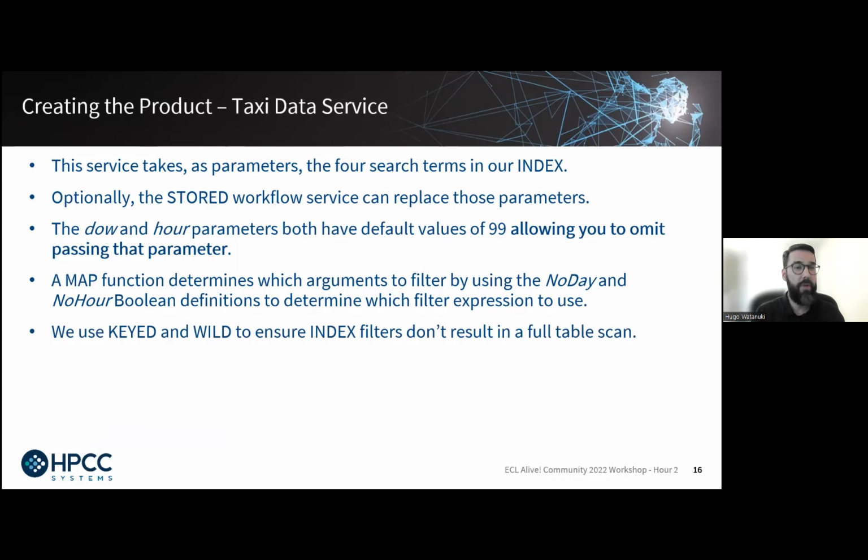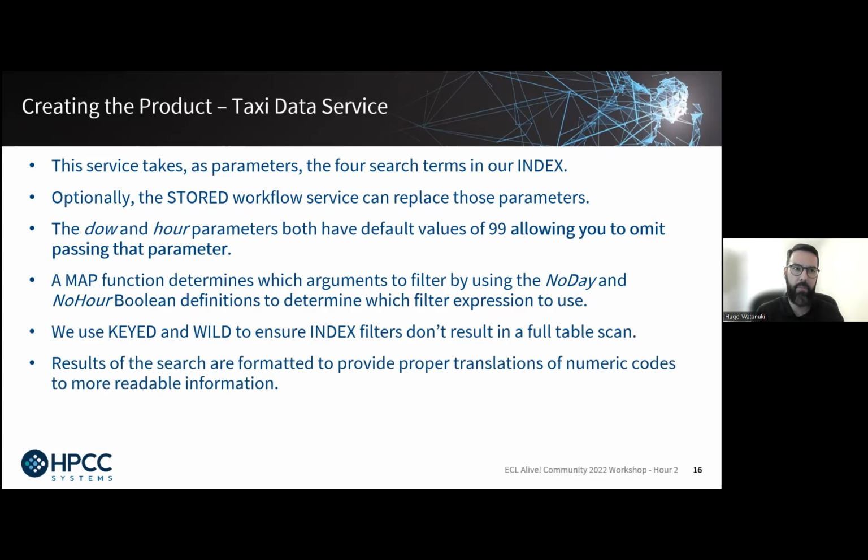And one specific item that I will briefly mention here, we will use KEYED and WILD just to make sure our index is always filtered using the binary tree and not using a full table scan, okay? And last but not least, the results of the search will be formatted to provide proper translations of numeric codes to more readable information, all right?